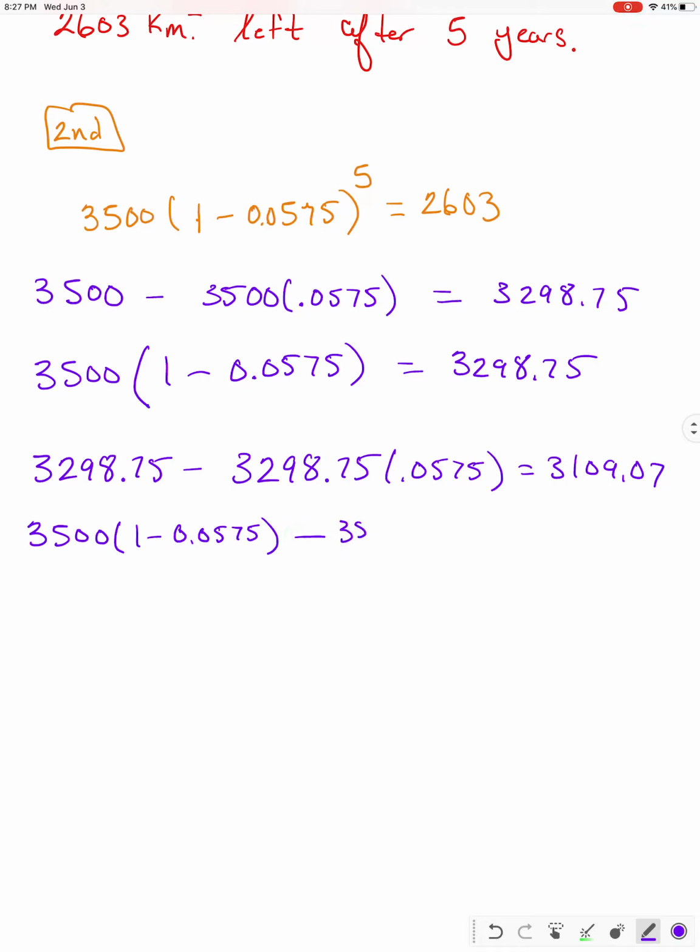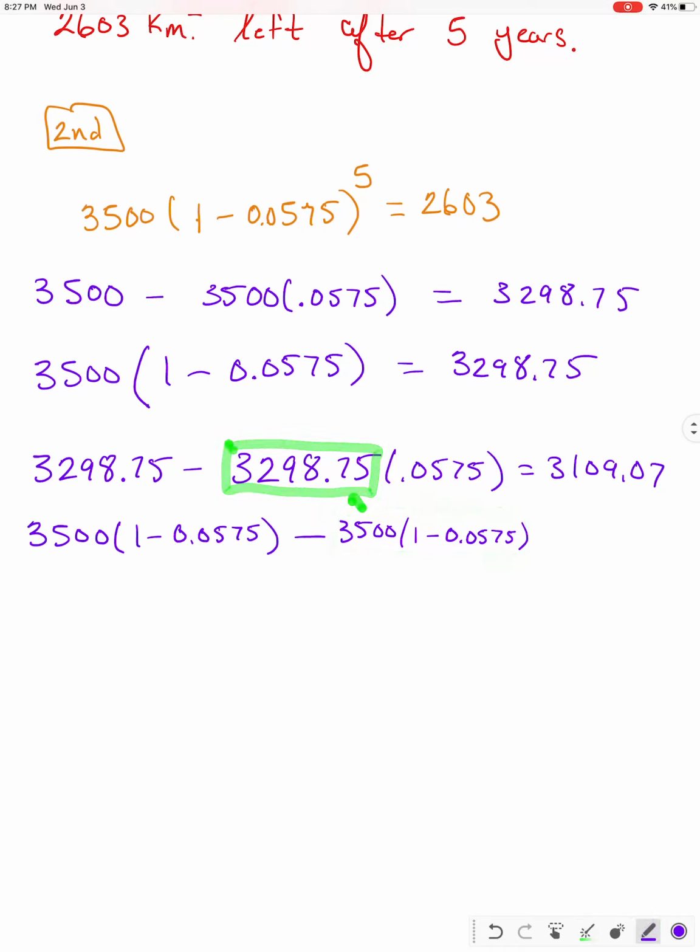Well, that's 3,500 times 1 minus 0.0575. I forgot the minus. So this is the same as this part.